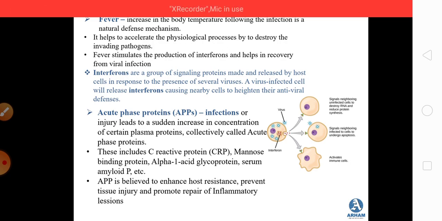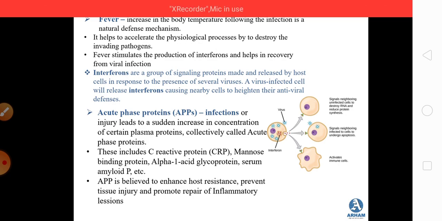They include C-reactive protein, also known as CRP, mannose binding protein, alpha-1 acid glycoprotein, serum amyloid P, etc. APP is believed to enhance the host resistance power. It prevents tissue injury, and it also promotes repair of inflammatory lesions. There is a sudden increase of this APP from the plasma protein. They are concentrated forms of certain plasma proteins.